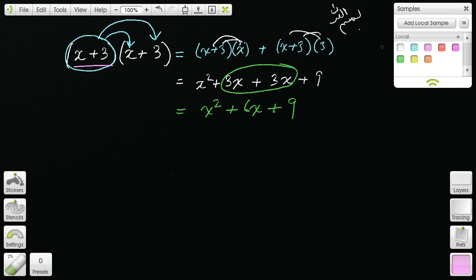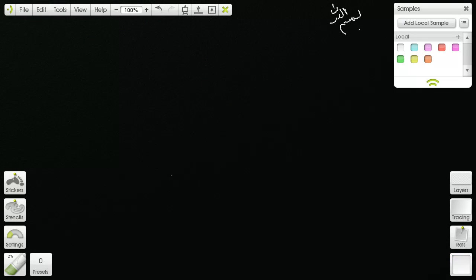Now, this is one way of multiplying binomials. But there's another way that we learned about last time, and let me give you this example. And that was the FOIL, right, which is an acronym, which is a way of remembering how to multiply binomials.